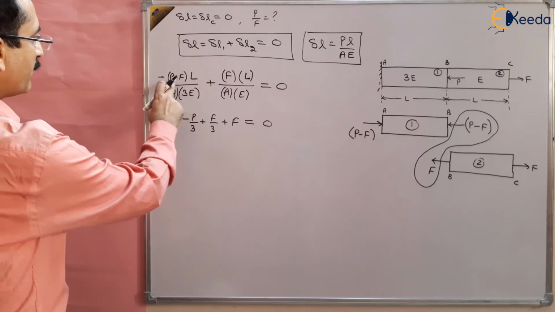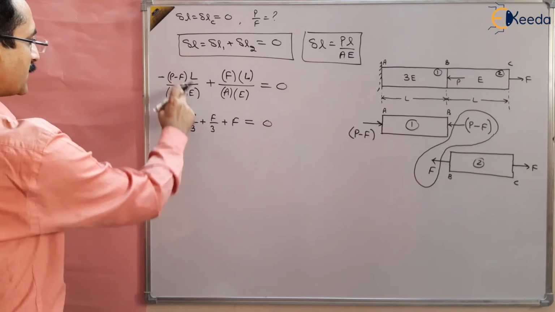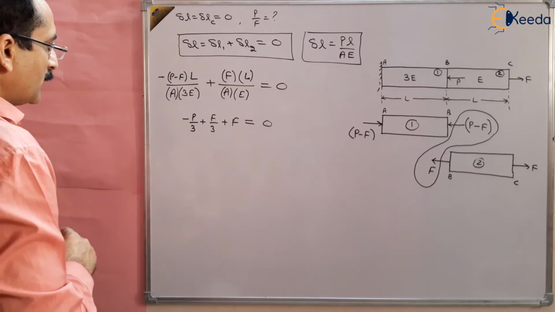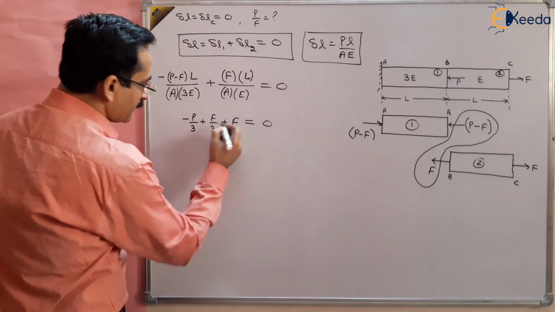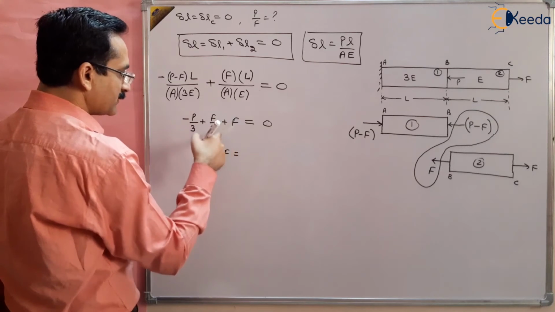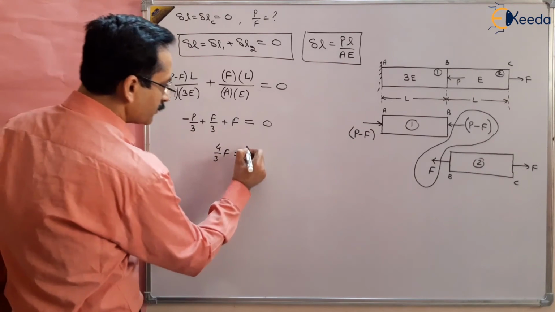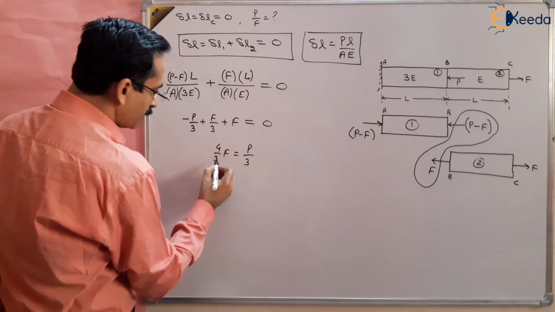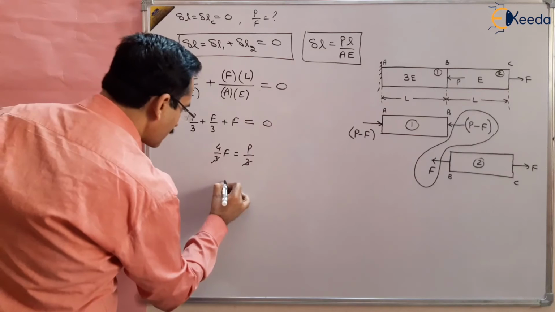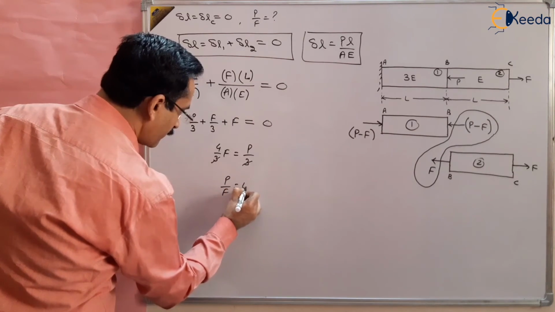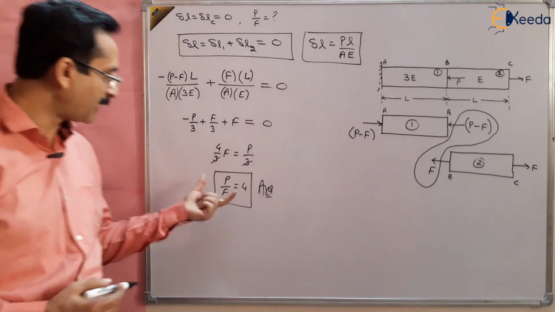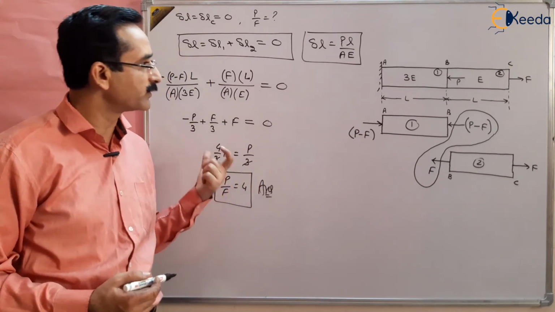So the remaining part, minus P by 3 plus F by 3 plus F, should be equal to 0. We can further solve it: F by 3 plus 1, that is 4 by 3 F, should be equal to P by 3. So 3 and 3 cancel. Finally we get P by F equal to 4. So this is the answer of this question. P by F is equal to 4.